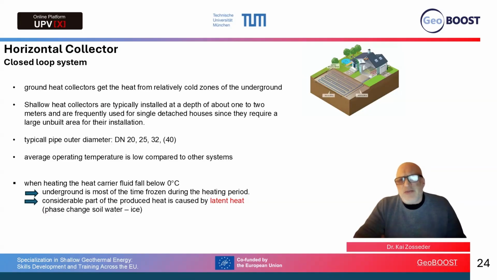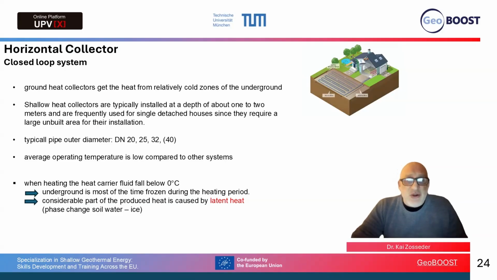So in winter it's cold outside, and also a few meters in the underground it's relatively cold. It's a little bit warmer than outside, but compared to deeper zones it is relatively cold. So the average operating temperature is low compared to other systems.